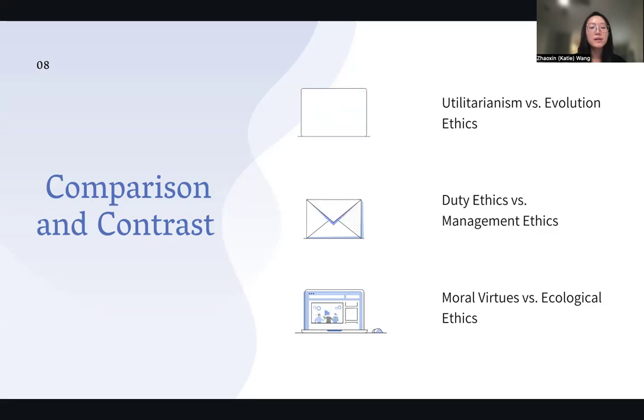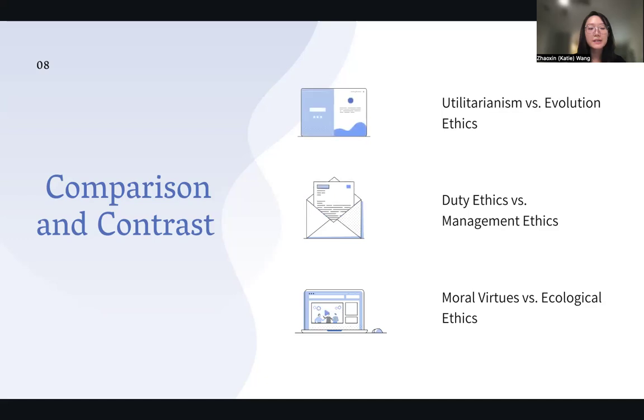The second one is duty ethics versus management ethics. Duty ethics focuses on individual moral obligation principles, while management ethics applies these principles within the organizational context, emphasizing the ethical responsibility of businesses toward their stakeholders and society. So I feel like management ethics gives a more specific scenario than duty ethics.